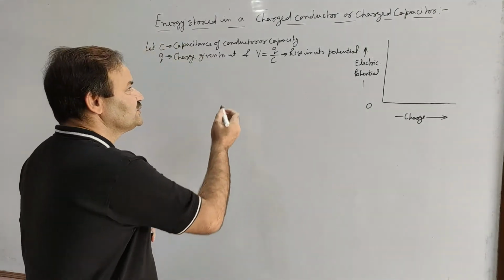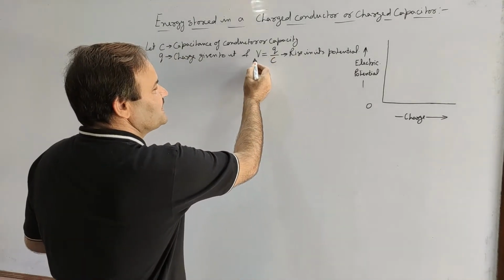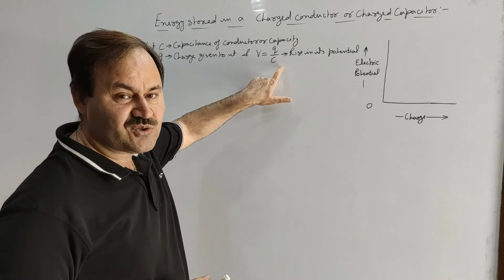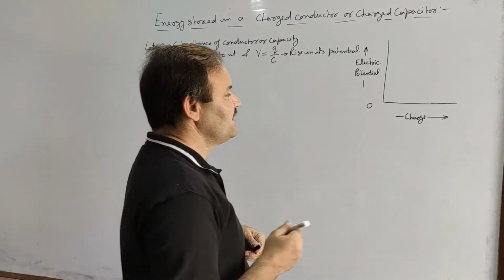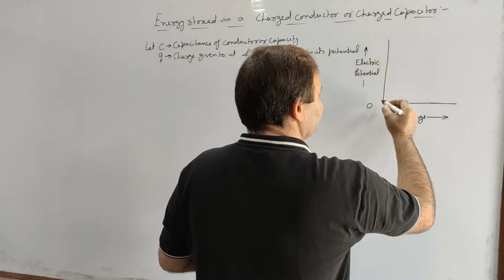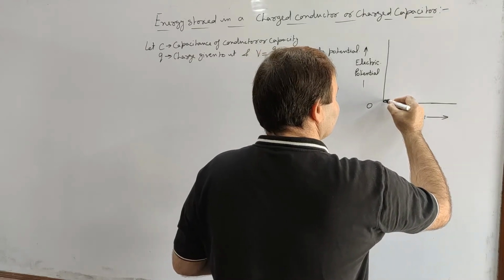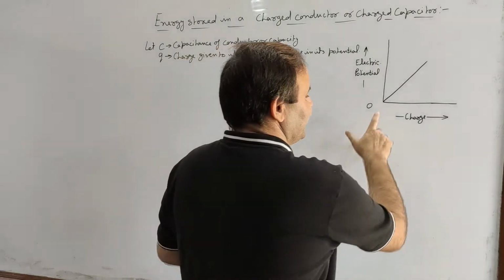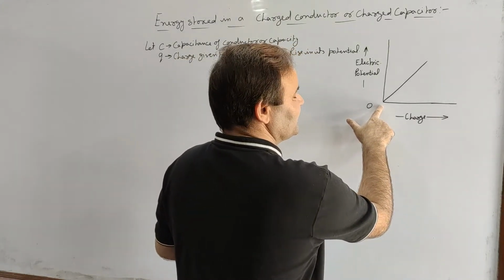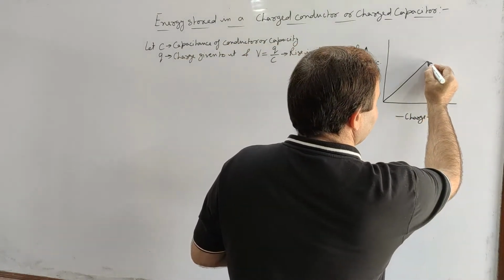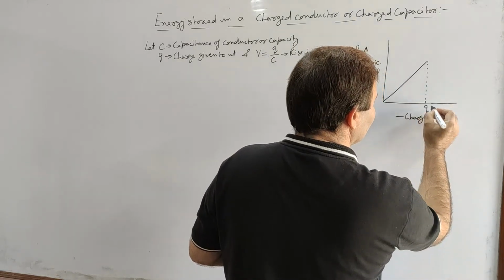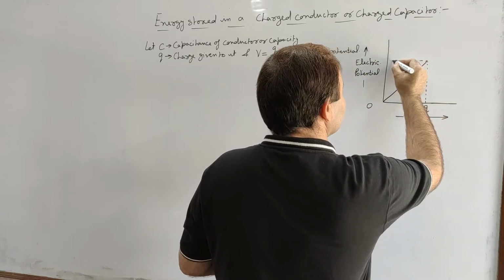We know that electric potential is directly proportional to charge because C is constant. Hence the graph between charge and electric potential will be a straight line moving away from both the axes. At Q equal to 0, potential will be 0, and at charge equal to Q, electric potential will be V.